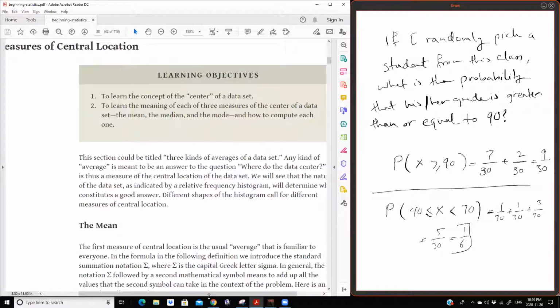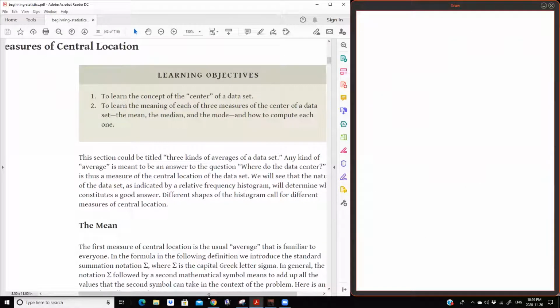There are three measures of central tendency: mean, median, and mode. What is the formula? How can you calculate these measures of central tendency?